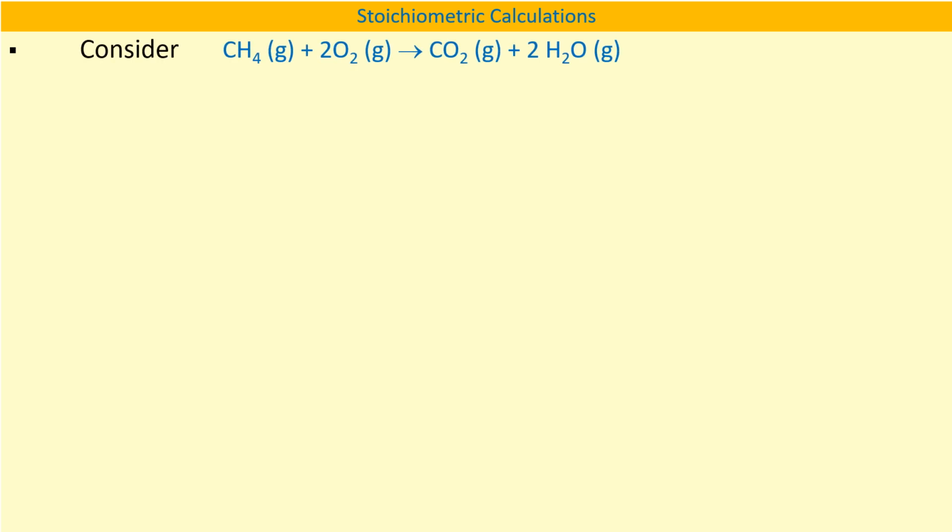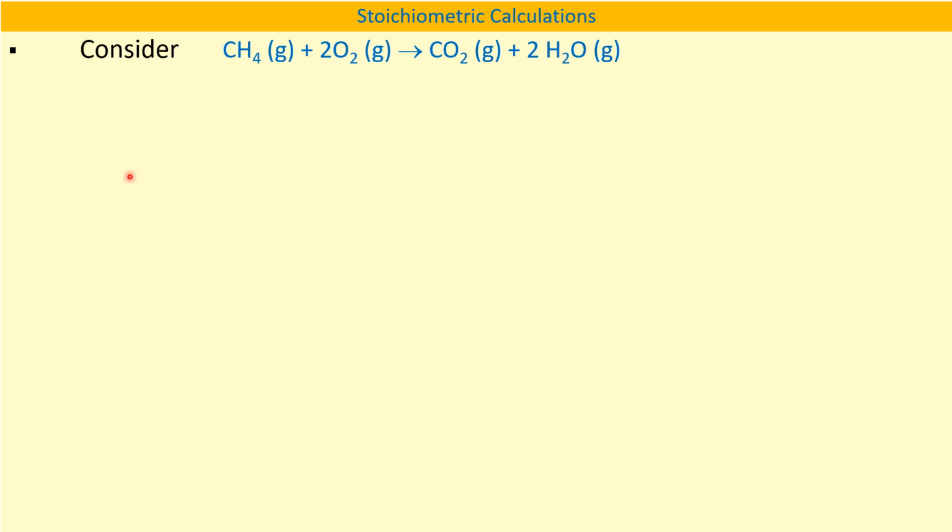Next, we will consider the above reaction and further make some calculations. Here, the previous equation: CH4, methane, plus 2O2, reactants, gives product CO2 and 2H2O, all in the gaseous state.